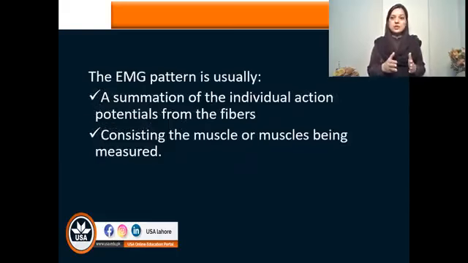And the EMG that we are going to start today is going to give us some information regarding that action potential. The EMG pattern is usually the summation of the individual action potentials from the fibers of the muscle being measured.